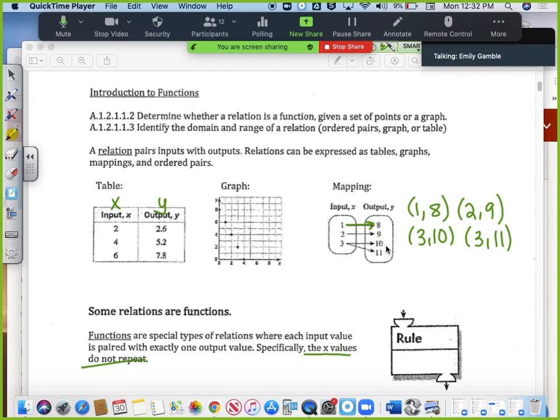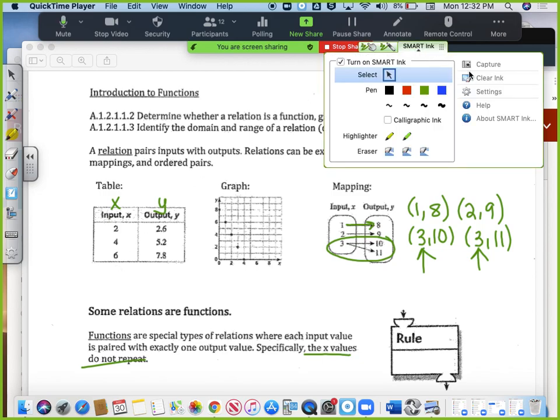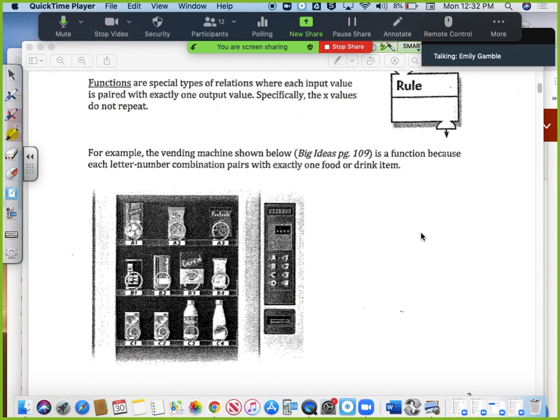Because the 3 repeated and it pairs with two numbers, and it's seen in two ordered pairs, this last example is not a function. Functions only occur when the x values do not repeat. So that last example is not a function.